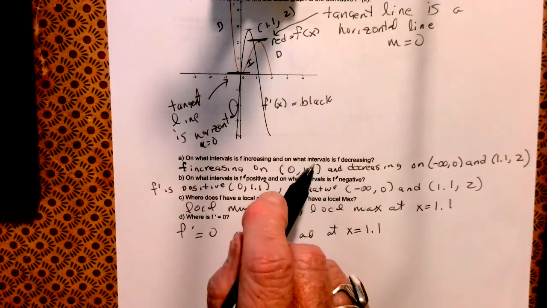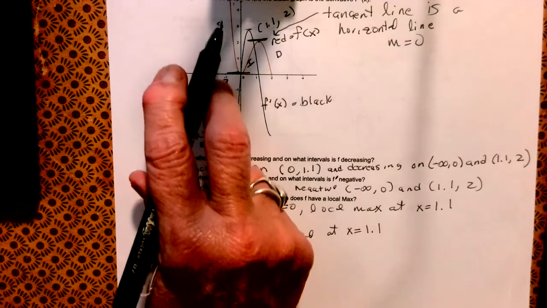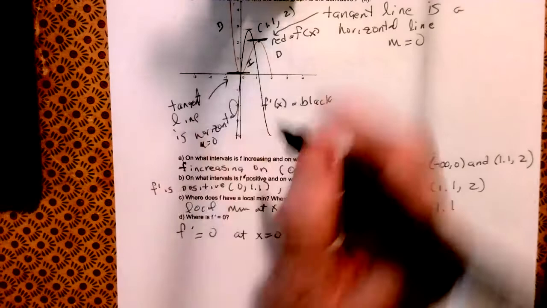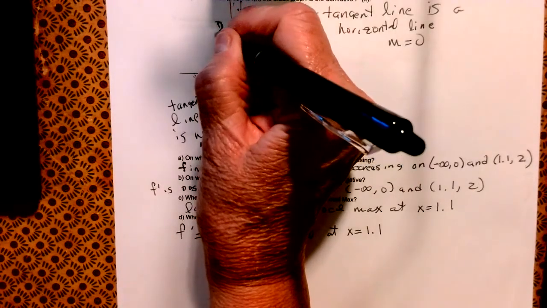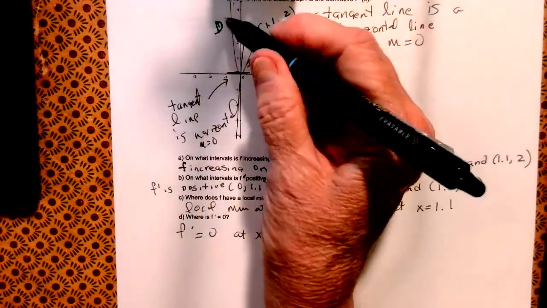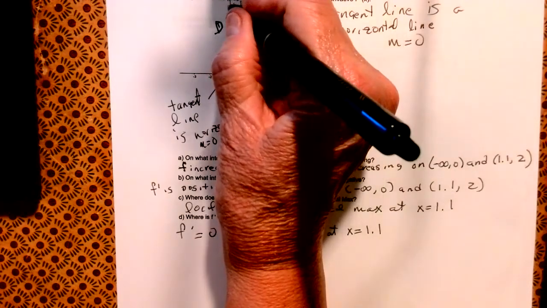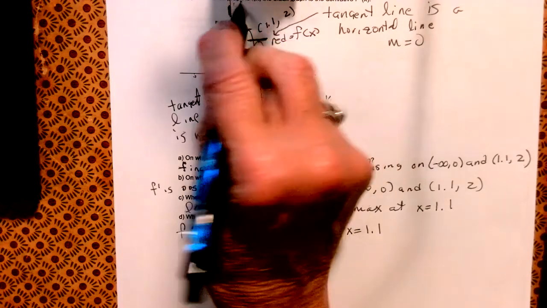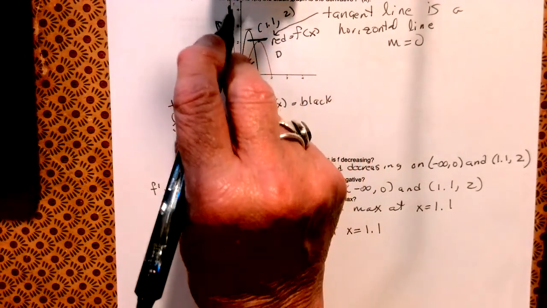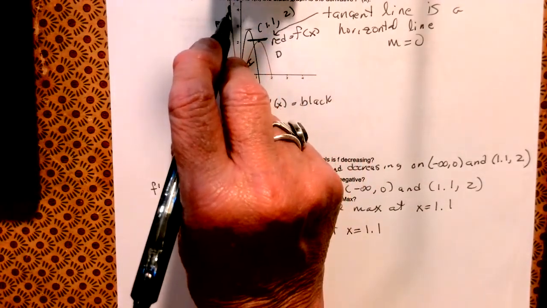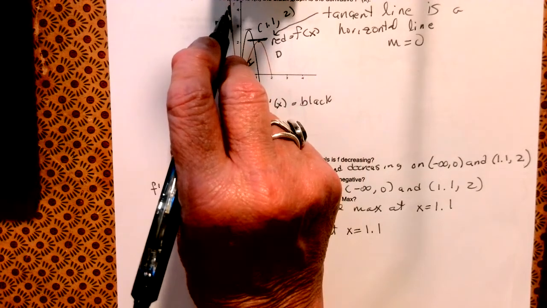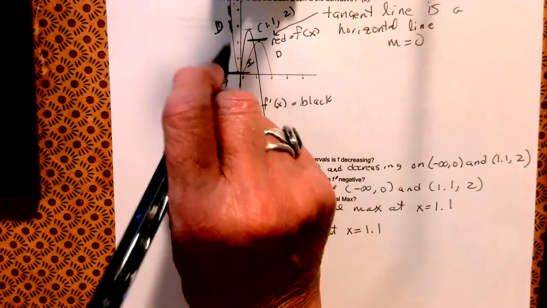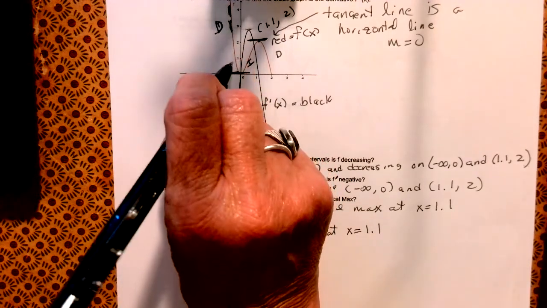The other thing is, where the original function f of x is decreasing, the tangent lines would be little lines. I can't draw them in because it's so small, but they would be decreasing. They would have negative slopes. So the slope of the tangent line is going to be negative where the function is decreasing.